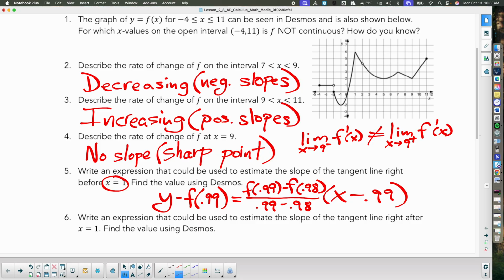You'll get much more used to tangent line equations because we use them a lot throughout the whole year. And I feel like we can skip 6. Or maybe what I should say is, why don't you guys try to write the one for 6 on your own? Oh, and it didn't matter if I chose 0.99 or 0.98, because you can pick each point.